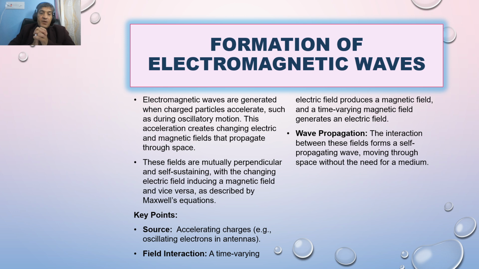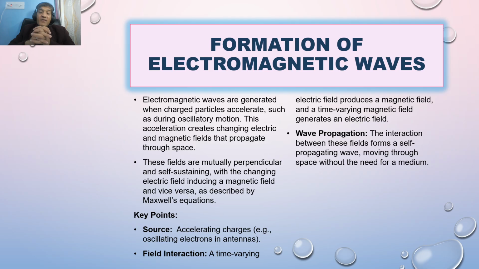Let's move further. These fields are perpendicular and self-sustaining, with the changing electric field inducing a magnetic field and vice versa, as described by the Maxwell equations. Here are just the Maxwell equations, which, as we all know, are very useful regarding the speed of electromagnetic wave.